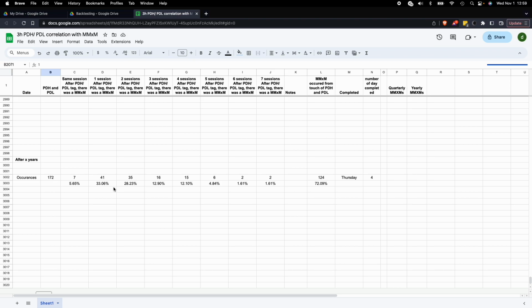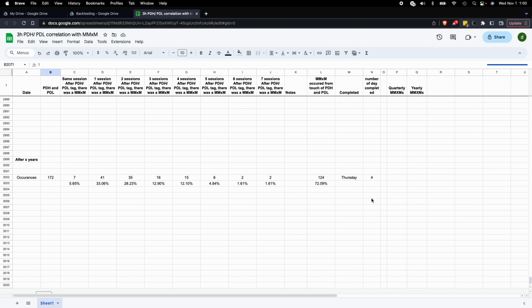So these are the results, and you can see most of the market makers were formed or answered within 1 to 2 sessions after the initial previous day high, previous day low was breached. The most common occurrence of these market makers was on a Thursday, and that's just the numeric code I gave for Thursday. So I thought this was interesting.